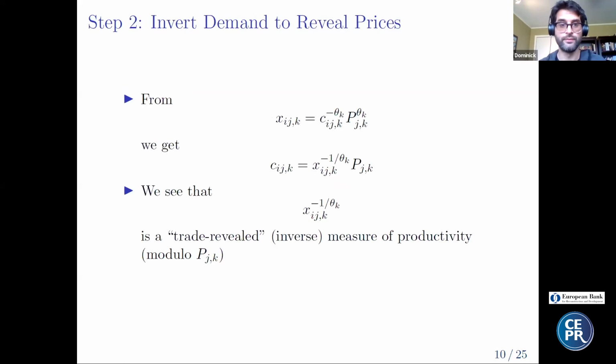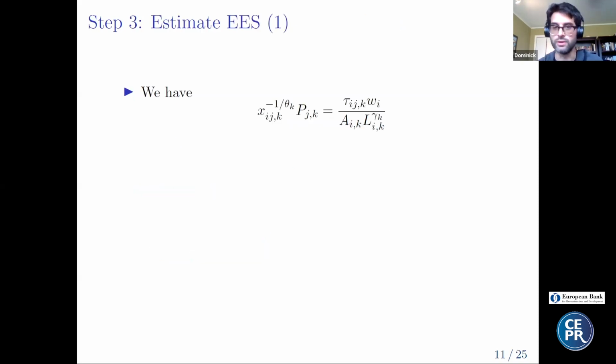Okay. So we know the international demand system. We have a measure of productivity or cost for each sector-country combination that's revealed by the trade flows combined with the demand system. Now we get to the really interesting part, which is to estimate this external economies of scale parameter.